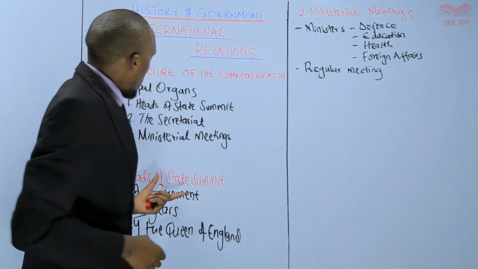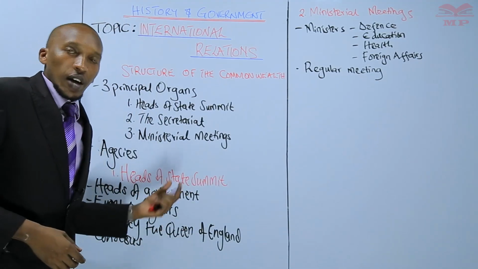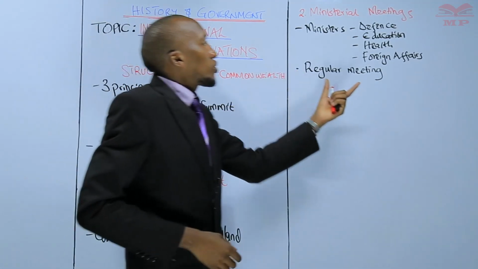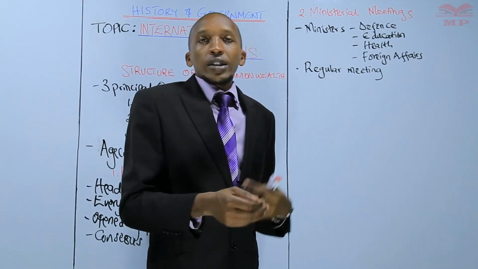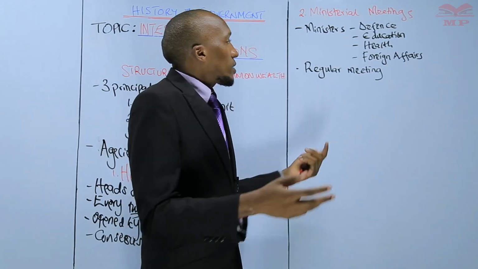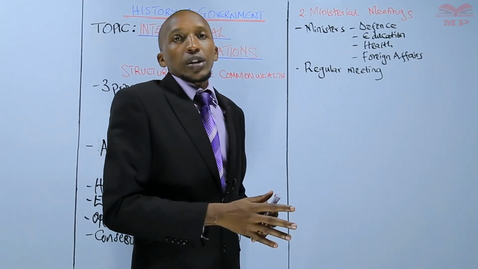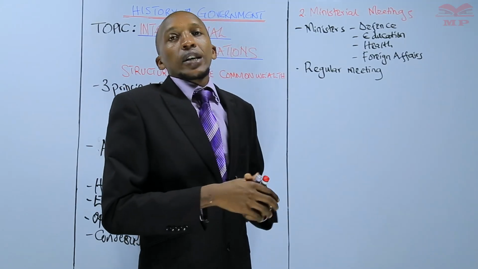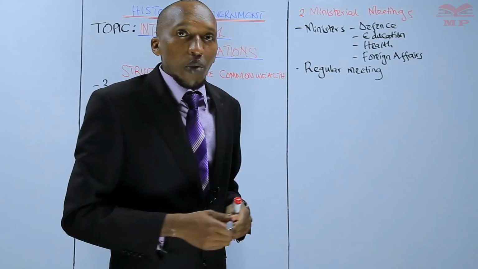So before we have a heads of state summit, the ministers will come together, meet and discuss. But in case there is something in between, they always meet every now and then to discuss common interests.